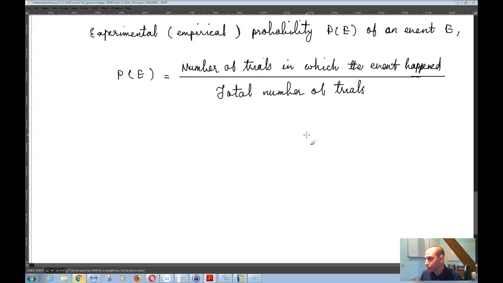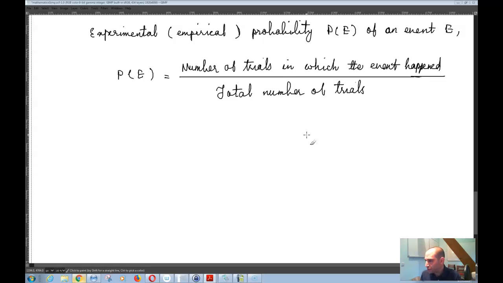Of course, it worked well in coin tossing and dice throwing experiments. But how about repeating the experiment of launching a satellite in order to compute the empirical probability of its failure during launching? Or the repetition of the phenomenon of an earthquake to compute the empirical probability of a multi-storied building getting destroyed in an earthquake. So these are not the kind of things that you can repeat.